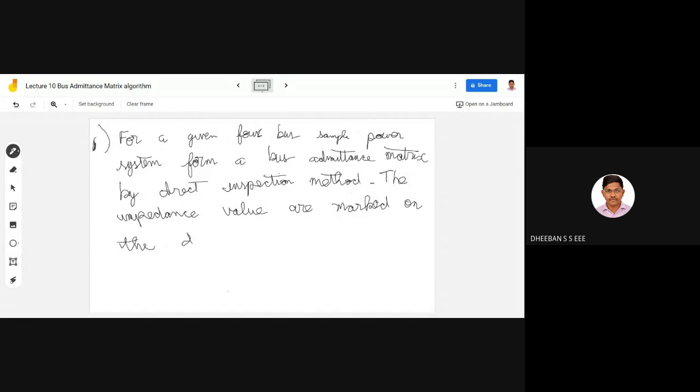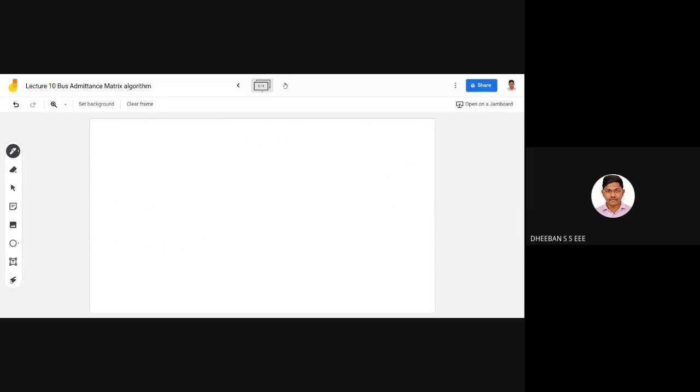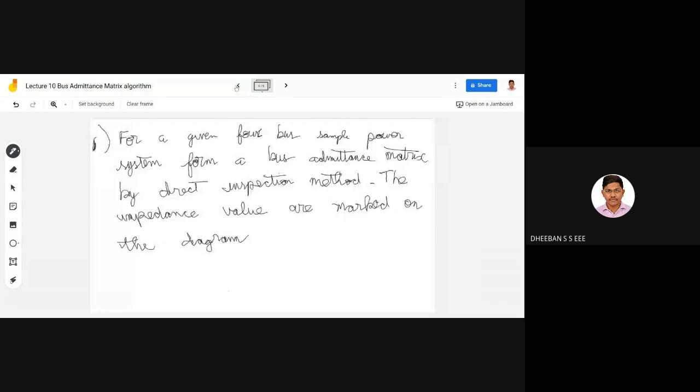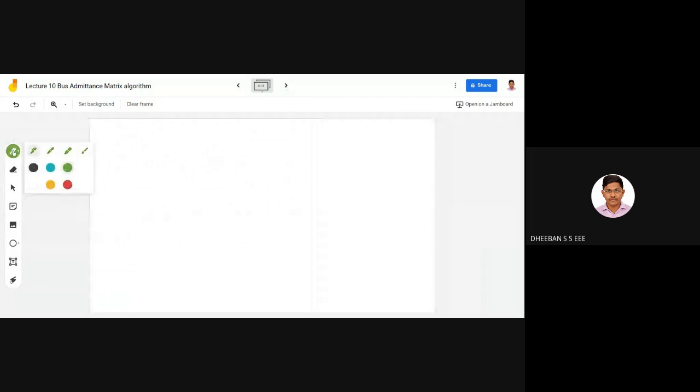So the diagram goes like this. They have asked you to form the bus admittance matrix from the given diagram. So it is a 4 bus system.